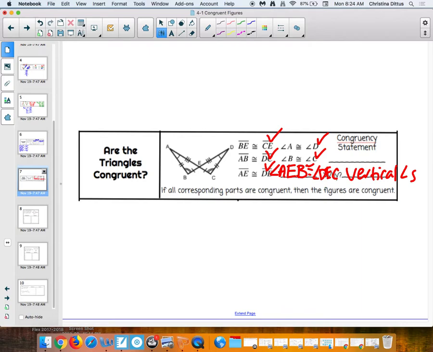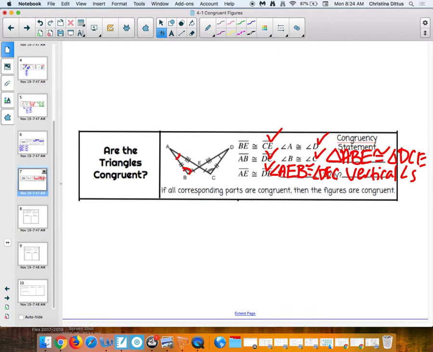So let's write a congruency statement. If I said triangle ABE, what's going to exactly 100% match that? DCE, good. Because A has one arc, B has two arcs.